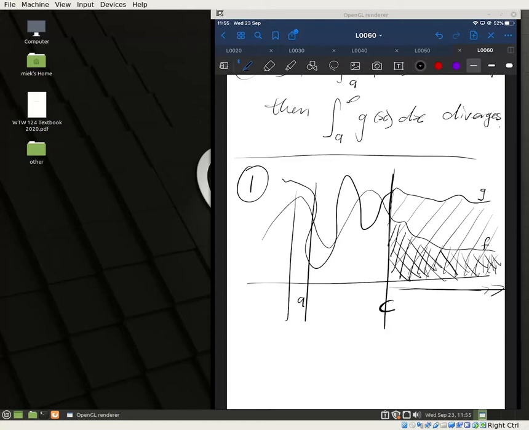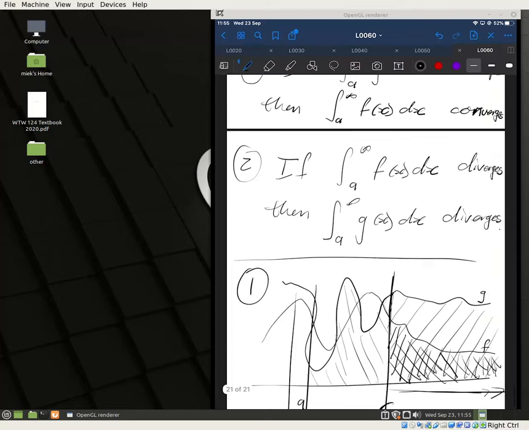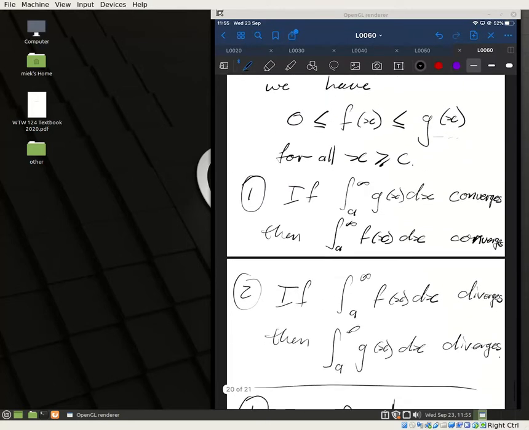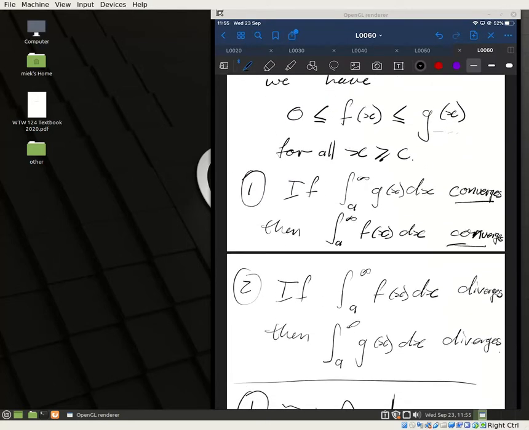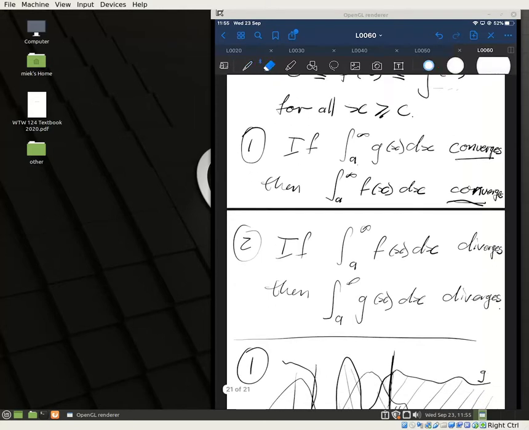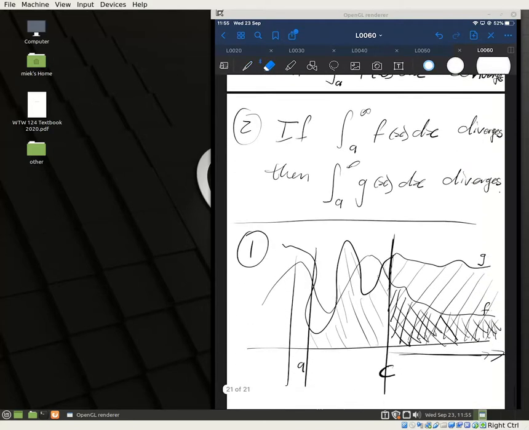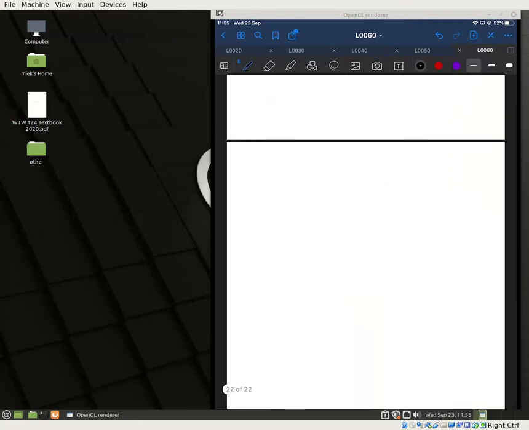And if we then add the extra parts that we are disregarding, since these numbers are finite, we can conclude that f also converges. So if g converges, then f also converges. Okay, so that is situation 1.